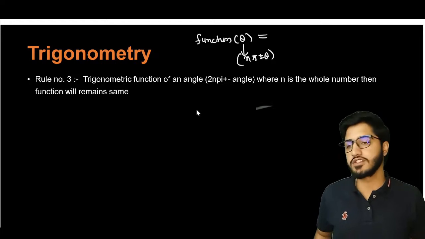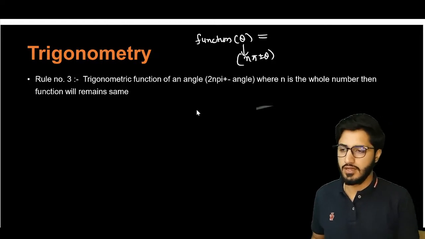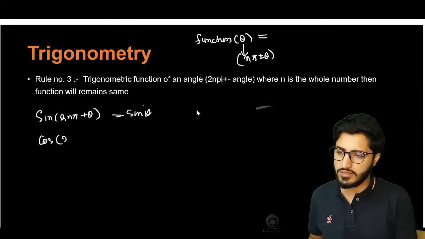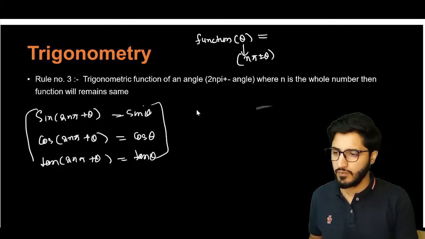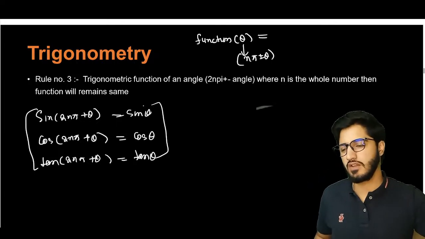We are not going to change it to the co-function. So sine of n pi plus theta gives sine theta, cos of n pi plus theta gives cos theta, and tan of n pi plus theta gives tan theta. Rule number three is not very useful; you can stick to the first two rules.